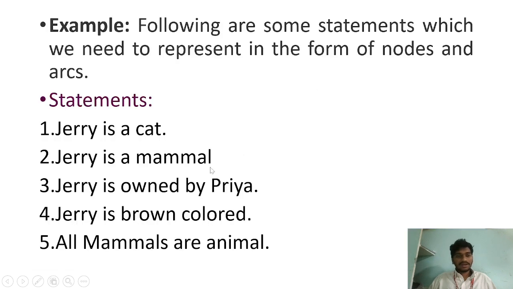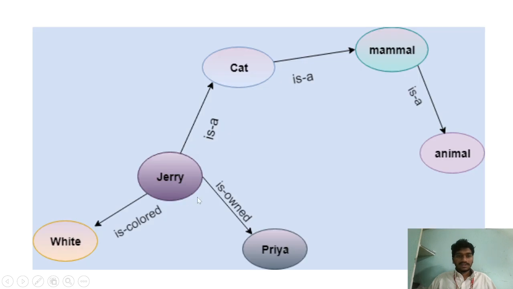The third statement is Jerry is owned by Priya. Jerry is an object and Priya is also an object, but Jerry is owned by Priya. So we draw a relationship between Jerry and Priya by is owned by.